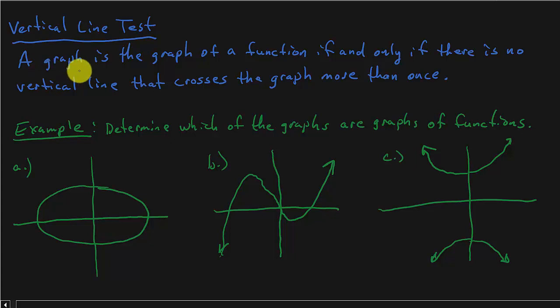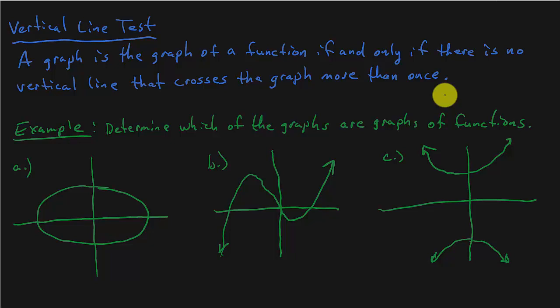So a graph is the graph of a function if and only if there is no vertical line that crosses the graph more than once. In other words, anywhere you draw a vertical line through a graph, if it intersects that graph in more than one point, that means it's not a function.